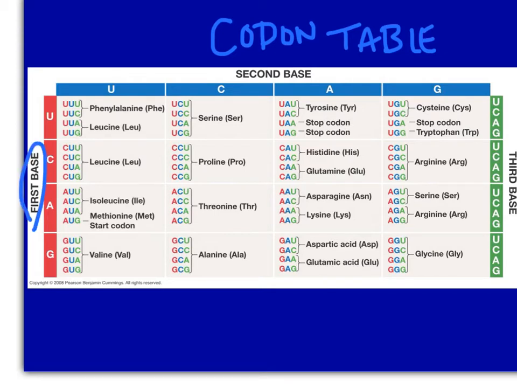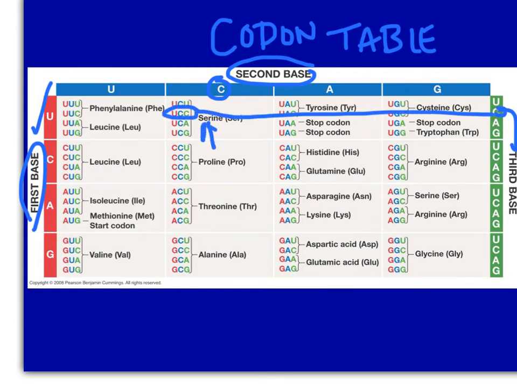So let's say you're looking at a U, and then the second nucleotide in the sequence is a C, which is on the top, and then the third nucleotide is off to the side here, and let's say it's another C, so we go across to UCC. Well, that encodes for a serine. Serine is an amino acid. It has a 3-letter symbol, SER, and S as its 1-letter symbol.